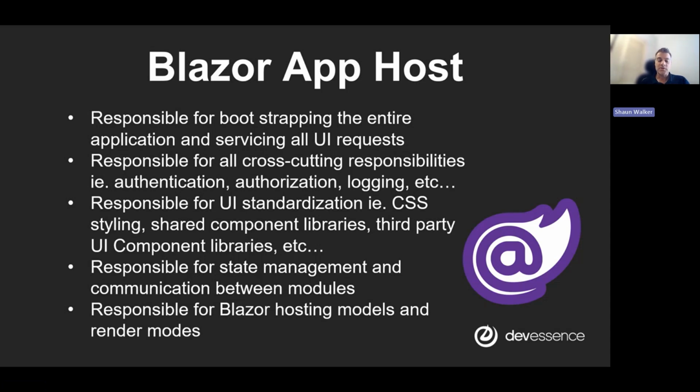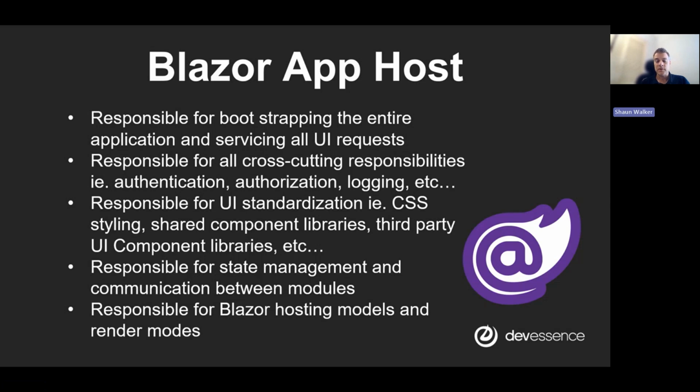So this might also include things like shared component libraries. If your application has a bunch of different UX scenarios, like maybe a file picker or specialized combo box or various things, you can have a shared component library that is part of the app host that all of your different micro-frontends can take advantage of. And that would also be the case for third-party UI component libraries.